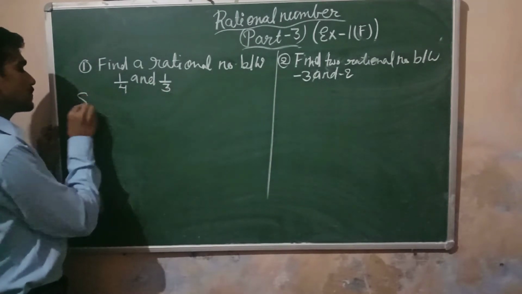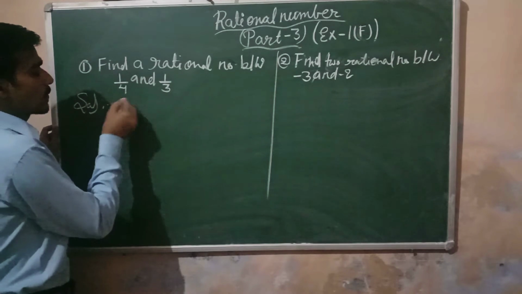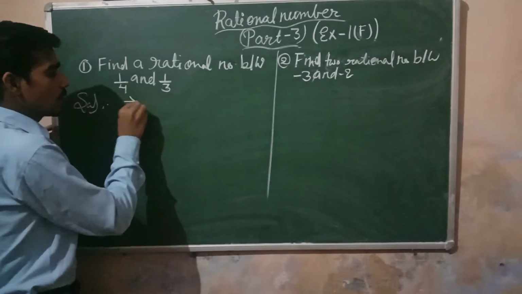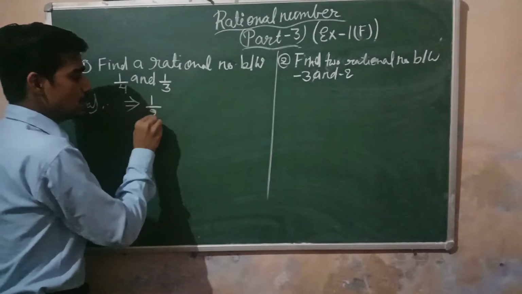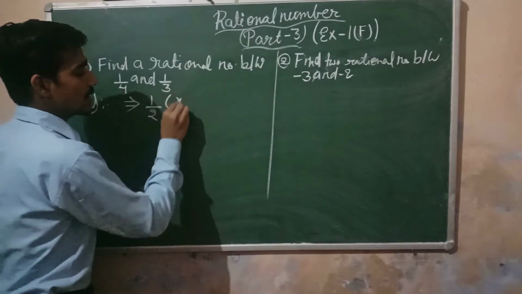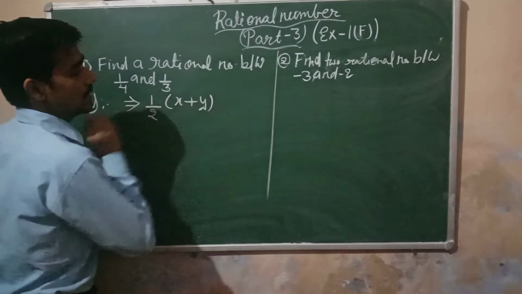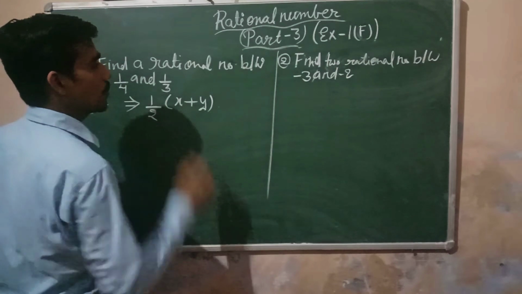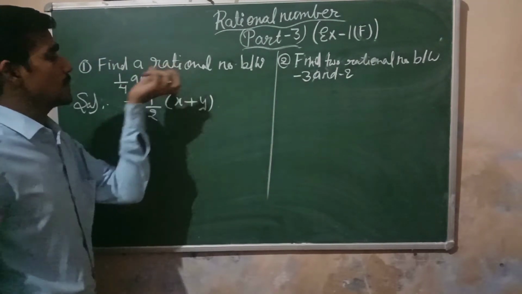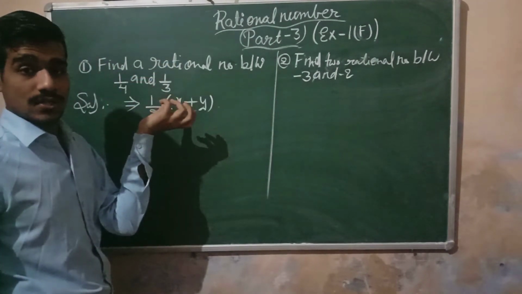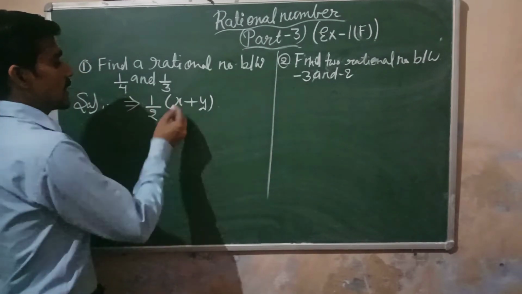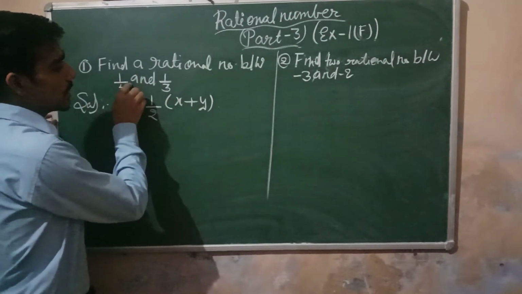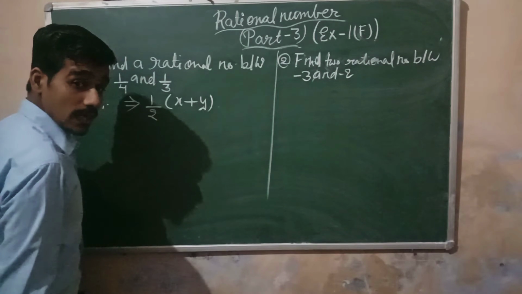Look at 1/2 in bracket x plus y. Clear? This is the formula to find a rational number between any two rational numbers. Clear? x is equal to 1/4 and y is equal to 1/3.